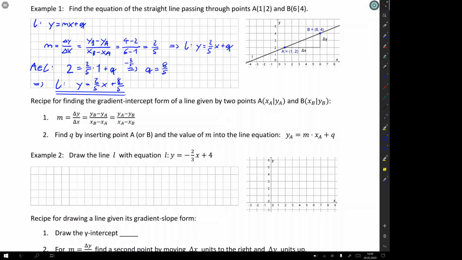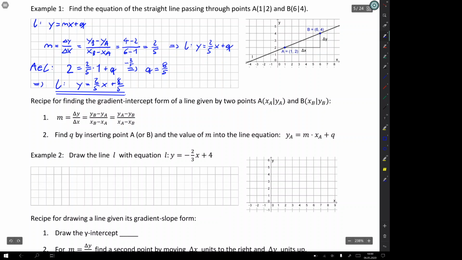In the second example, let's look at the second main topic or question that is being asked in relationship with these straight lines. We want to draw the line given by its equation in gradient intercept form. So the line equation is y equals minus 2/3 x plus 4.